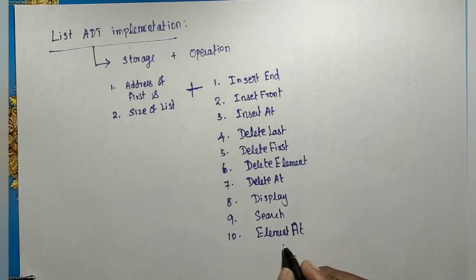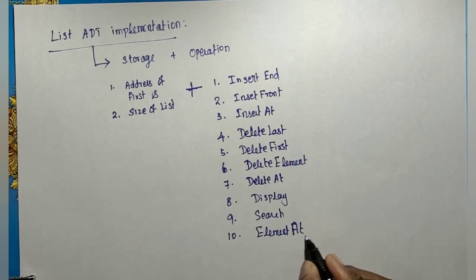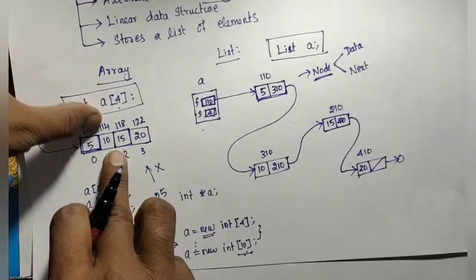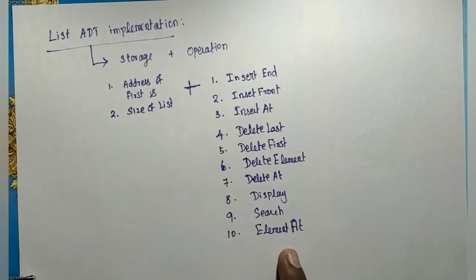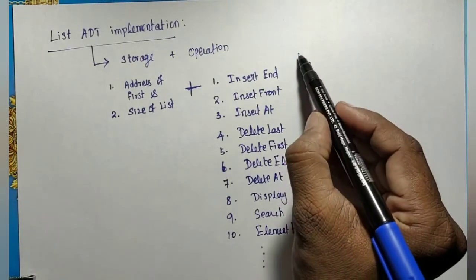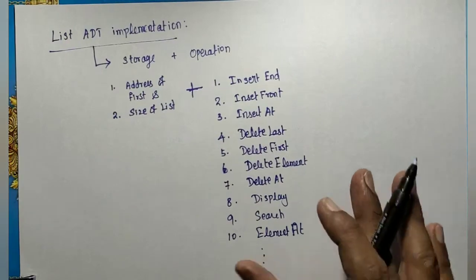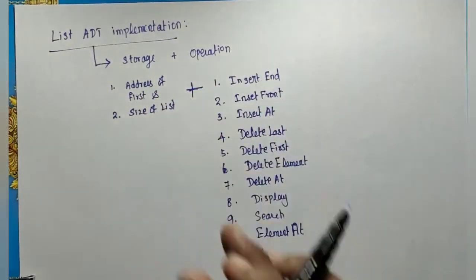So if you need that element alone at a particular location, I need to write the code again, element at. In an array, if you want the second element, it is a of 2. But here, if you want the second element, I have to call this function element at. Similarly, we can define any number of functionalities. We are going to discuss these basic operations and how to add them to the list.